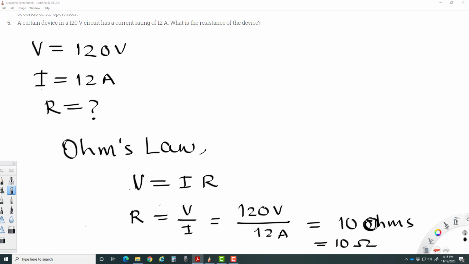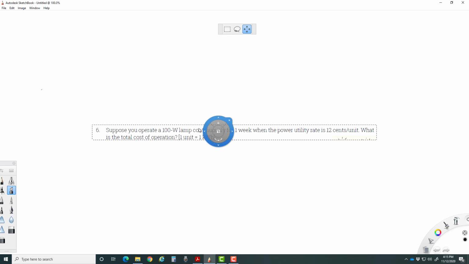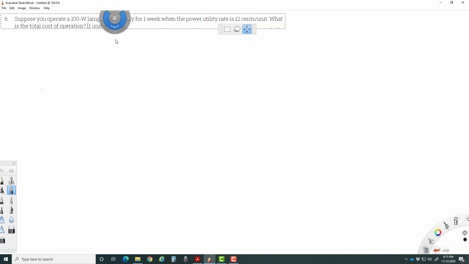Let's look at number 6. We want to find the cost of operating a 100 watt bulb for 1 week. When we get the electric energy bill, the energy is expressed in kilowatt hours.